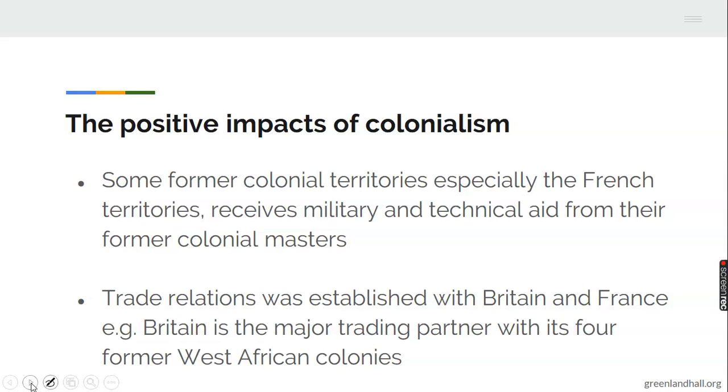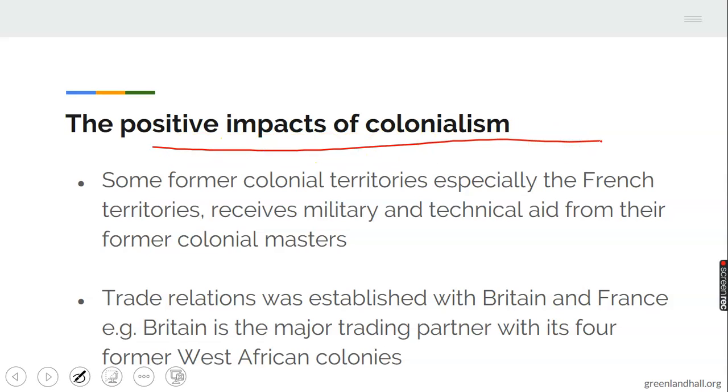Let's now look at the positive impacts of colonialism. As we have disadvantages, there are advantages too. The first one: some former colonial territories, especially the French territories, receive military and technical aid from their former colonial masters.